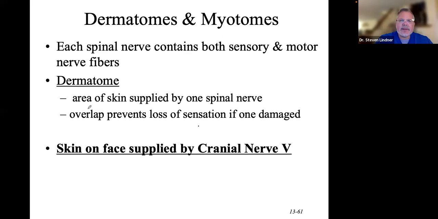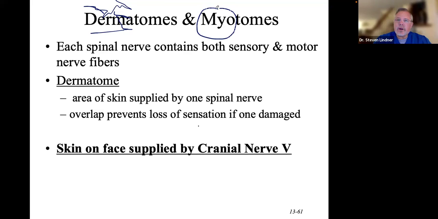So you're going to hear these terms, dermatomes and myotomes. When we look at dermatomes, this is like a neurological mapping. A neurological mapping of the skin are dermatomes, and myotomes is a neurological mapping to myo, which is muscle.